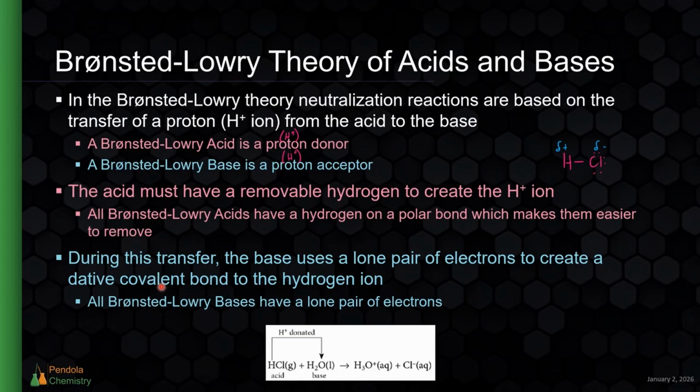So because bases have to use a lone pair to create a dative covalent bond with the hydrogen ions, all Brønsted-Lowry bases have to have a lone pair of electrons somewhere on them. So we can look at a neutralization reaction, for example, between hydrogen chloride, HCl, and water, where water acts like a base. In this reaction, we have the water and the HCl reacting to create hydronium and chloride.